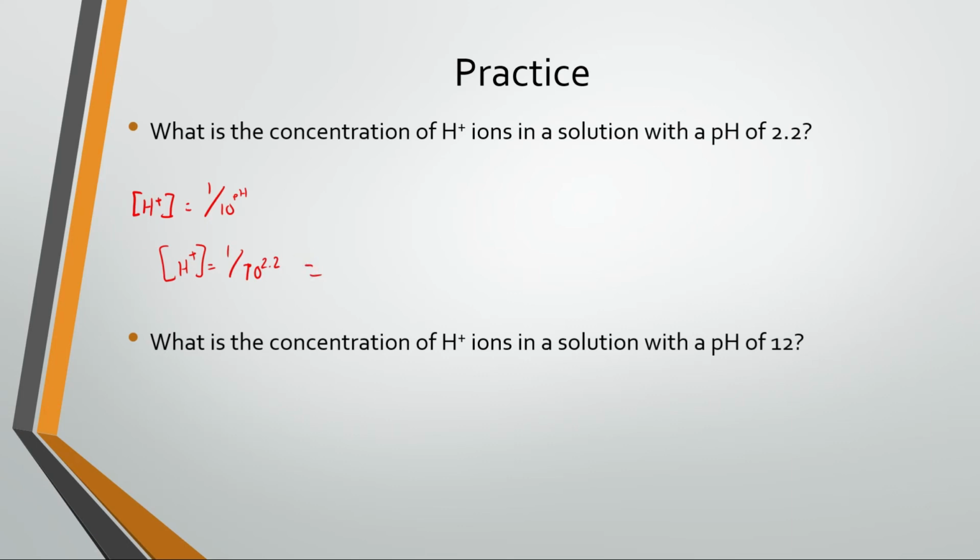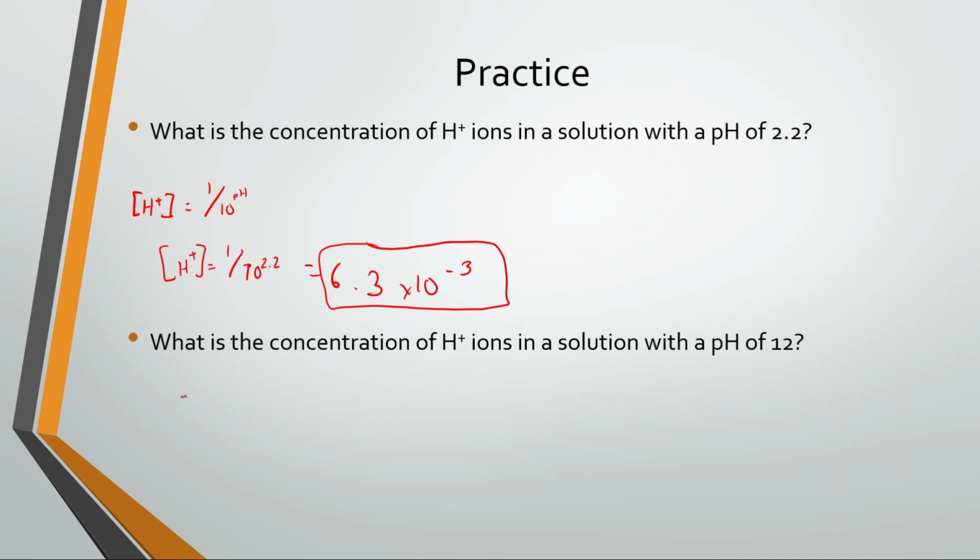And that, when we type it into our calculator, is going to give us about 6.3 times 10 to the negative third. And we won't go over units of concentration here. It's a little bit complicated, so we're just going to leave it as is.